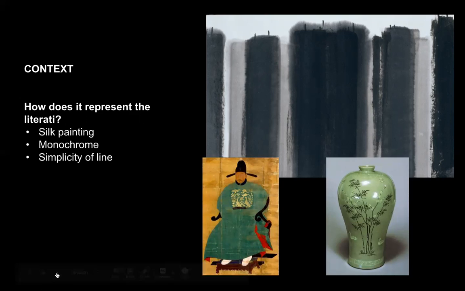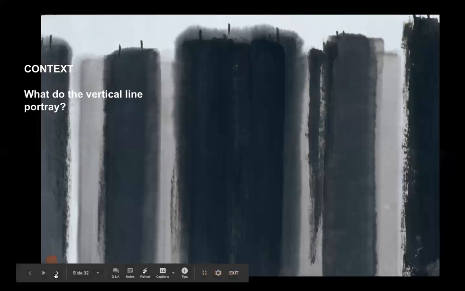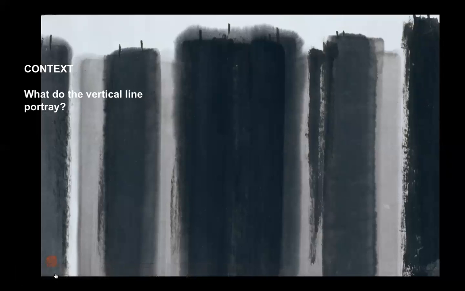So when you look at this painting and you see just a series of vertical lines, you could be like me and just say, wow, that's just a really pretty value range that is done in a very minimal tradition, sort of like modernism that we saw at the Vietnam War Memorial when we studied that.